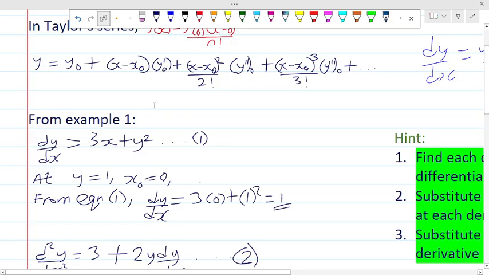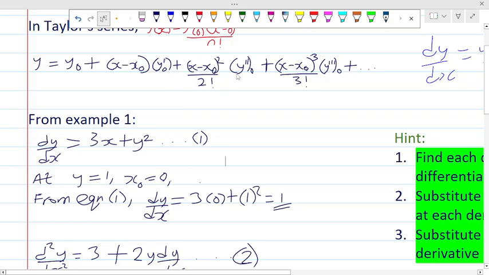So in essence, we need to find y prime, which is dy/dx. We need to find d squared y/dx squared, which is y prime prime, and y prime prime prime. Just calculate them and put in the values. So what we have done now is we have dy/dx, which is this point.